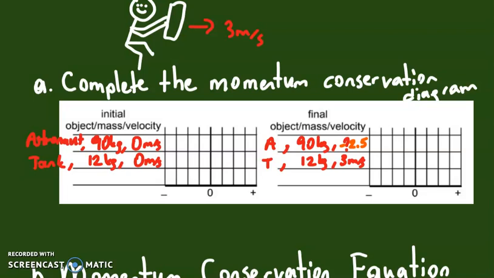Let's say if I do this one with 3 units on the positive side, then this one will be 3 units on the negative side. Okay, we can do it like that. So we are done with the question.